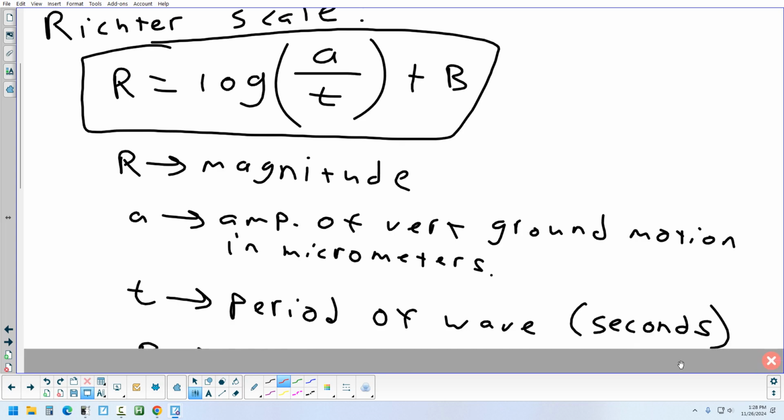T is what's called the period of the wave. It's a little harder to see in an earthquake wave. You can see it better if you drop a rock in a pond and see a wave coming out from the center. If you put a small boat near where you drop the rock, the boat goes up and down as the wave hits it.